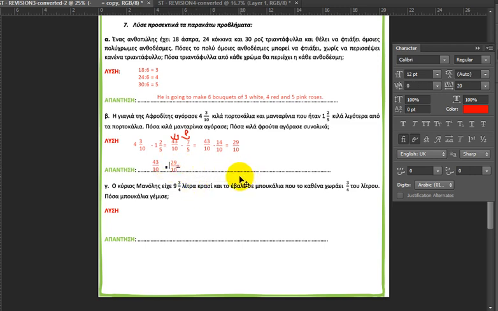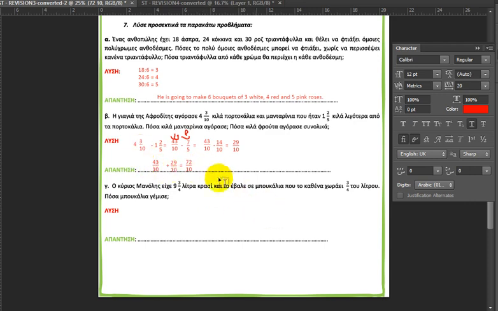And 43 plus 29 is going to give us how much? 72 tenths.